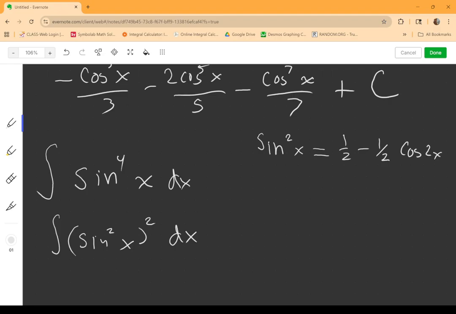I'll state it here without proof, okay? And also cosine squared x equals 1/2 plus 1/2 cosine of 2x. Okay, so those are our half angle or double angle identities, or our power reducing identities.